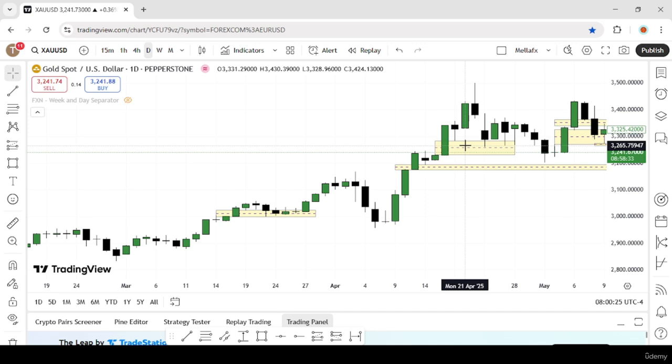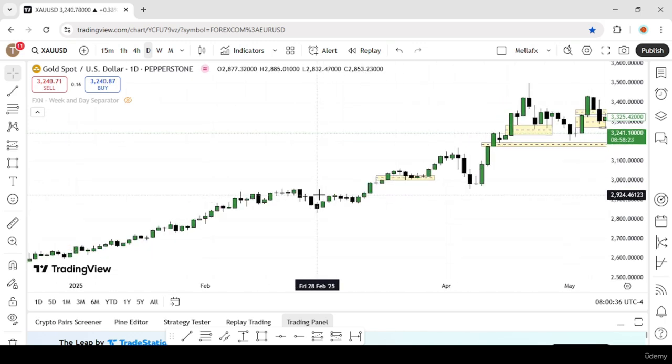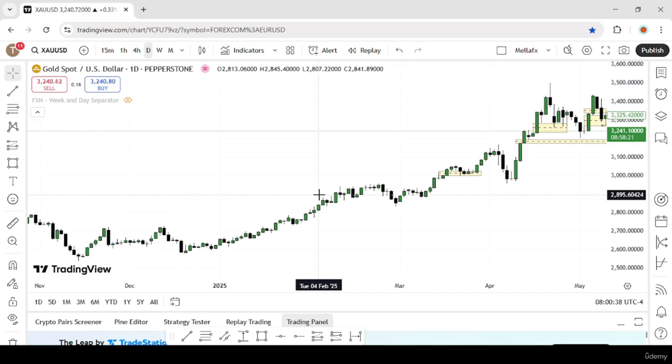But in most scenarios, the gold is a bullish market. So for the analysis, we see on the higher time frame that the gold has been just buying since December 2024. So the market structure has made a shift to bullish.